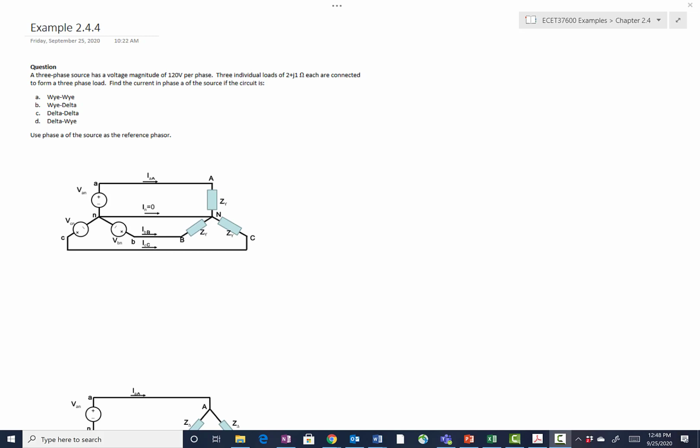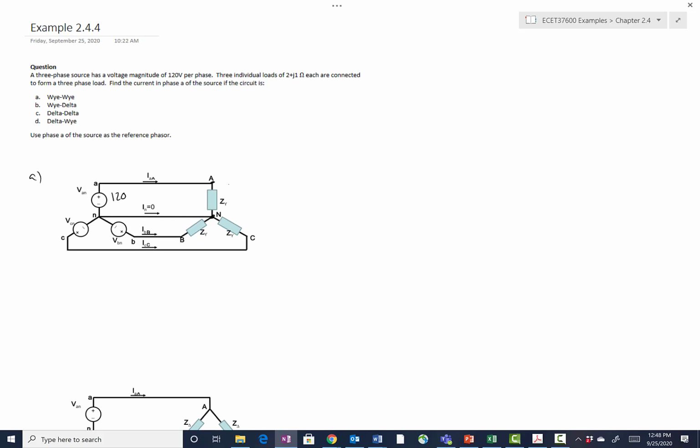So looking at the YY circuit diagram, what we can see is that the voltage right here is 120, and that connects directly across the capital AN terminals of the Y load.